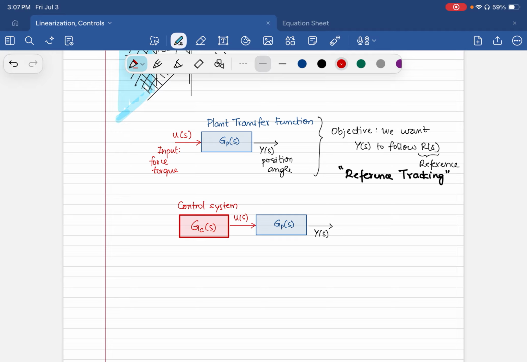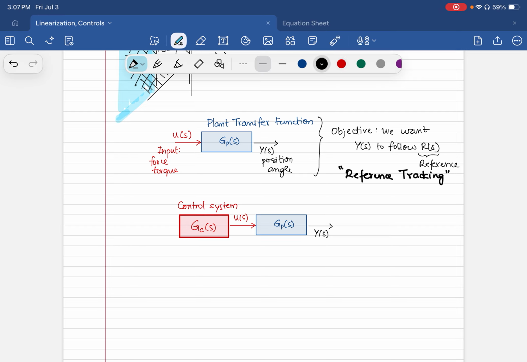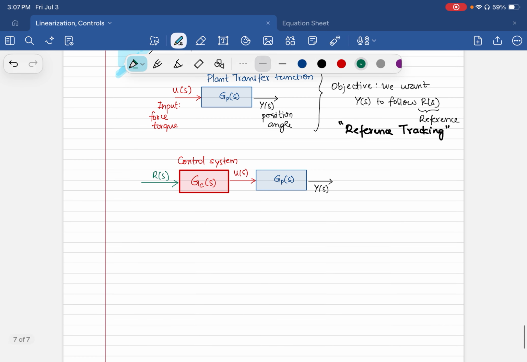Of course, there's also a transfer function, and that transfer function is such that it takes the reference, R of s, and it converts it into the input to the system, U of s. So the reference would look something perhaps like this.